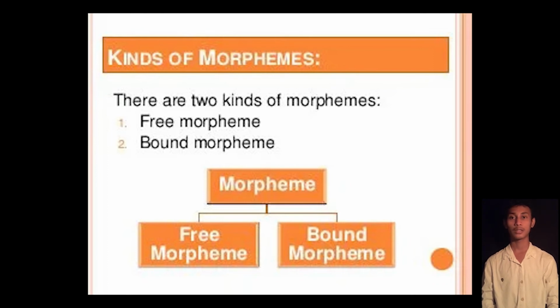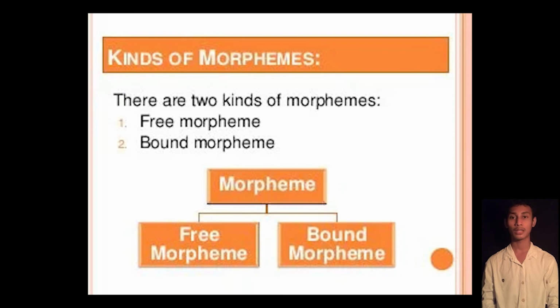A word like book or dog is called a free morpheme because it can occur in isolation and cannot be divided into smaller meaning units. On the contrary, a bound morpheme is a morpheme that cannot stand alone and is always bound to another morpheme.